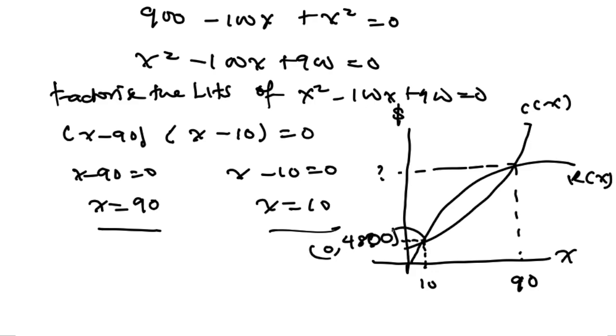For 90, you have 28,800. How to get 28,800? You put it back into either one of the functions, cost or revenue. You're going to get the same because at this point they are just the same.